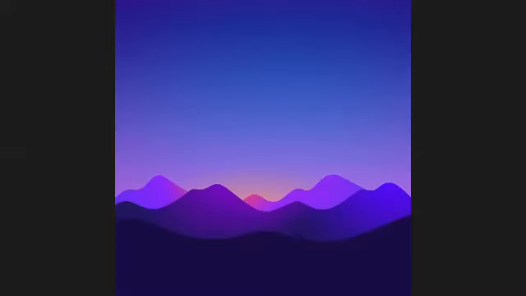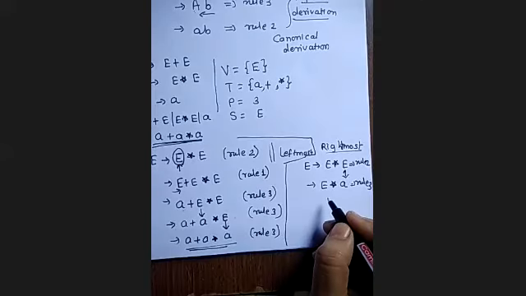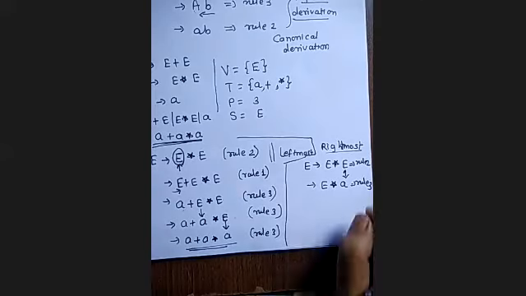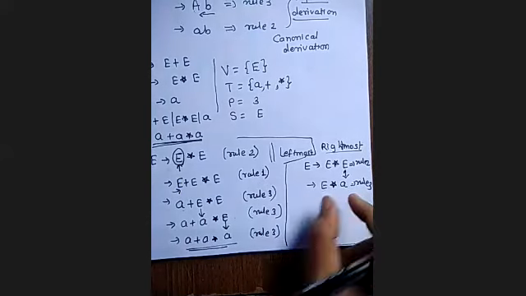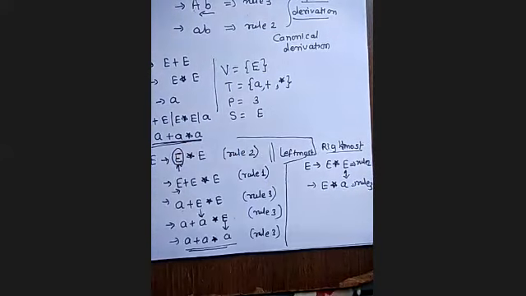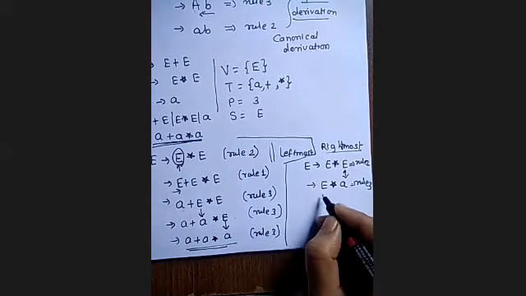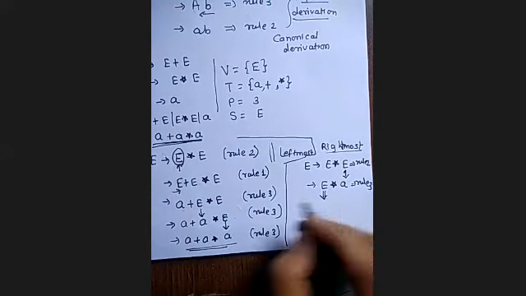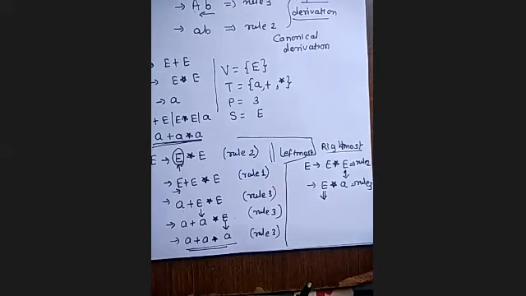Correct. Now here we are going to match our string from the right side. That is rightmost derivation. If you match here, you can see this star A part is matching. Now which rule will you apply for this E so that finally we get the target string?